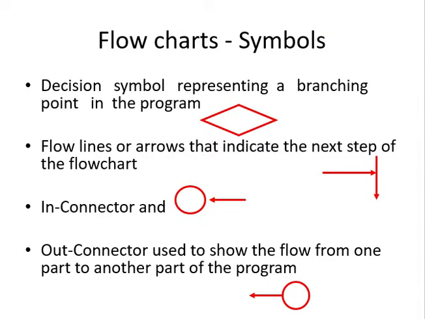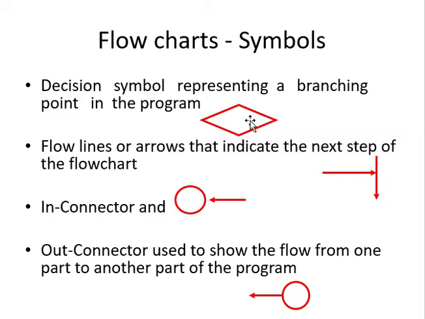Next is the decision symbol, which represents a branching point in the program, such as a decision like x is greater than 10, and then the output is maybe to print something, otherwise an alternative solution is printed.